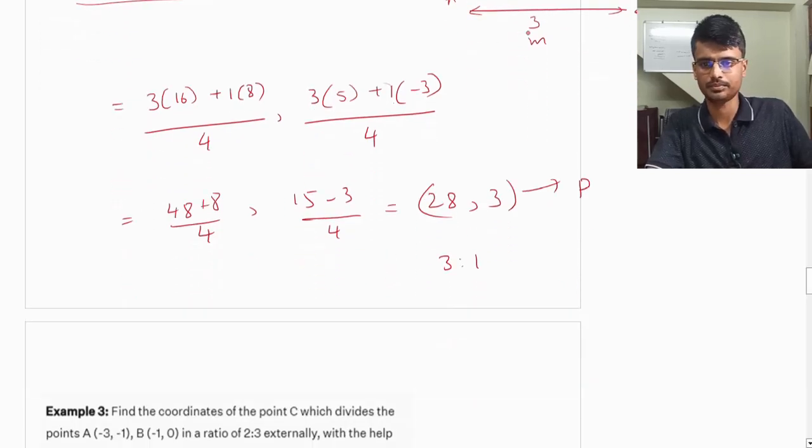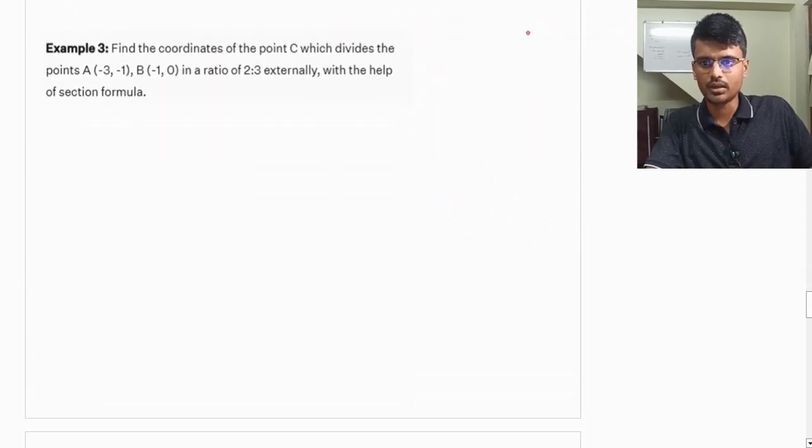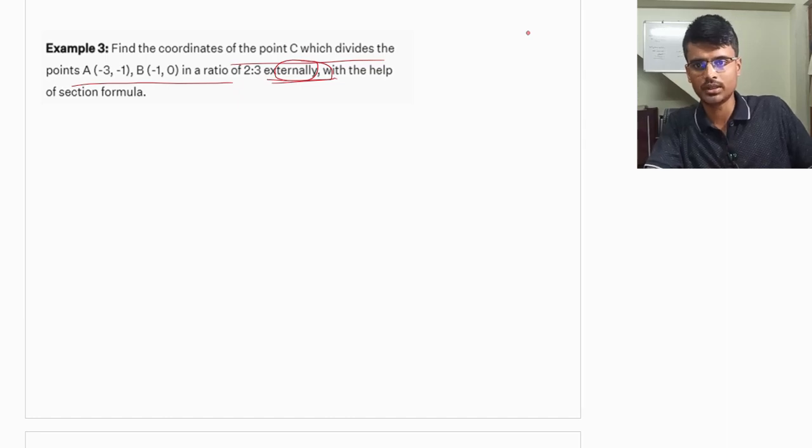Simple question. Moving on. Find the coordinates of the point C which divides the points AB in the ratio 2:3 externally. Okay, they are telling externally. So here there is a slight change in the formula. So simple. This is our M and this is our N. This is x1, y1 and x2, y2, and apply the formula.